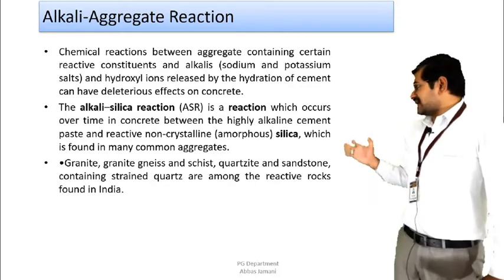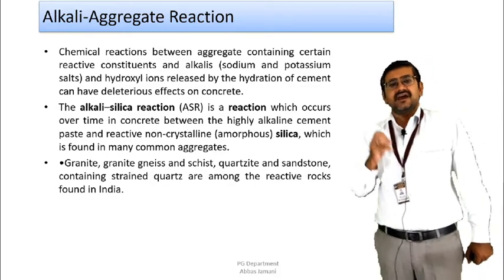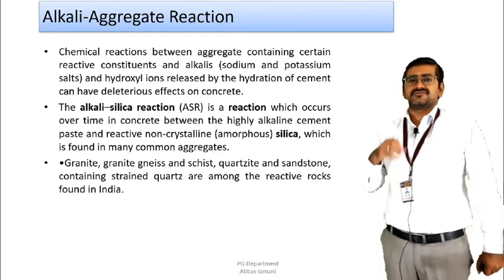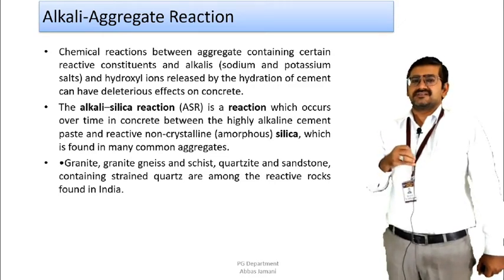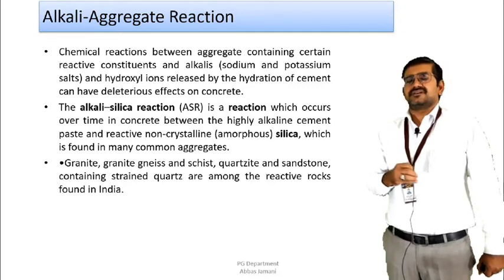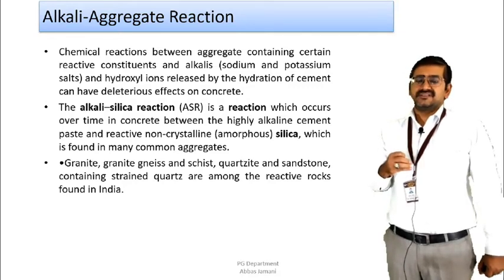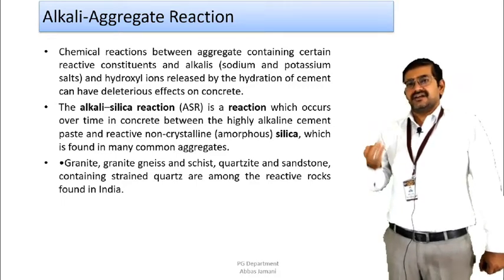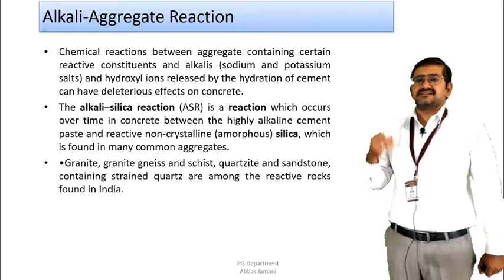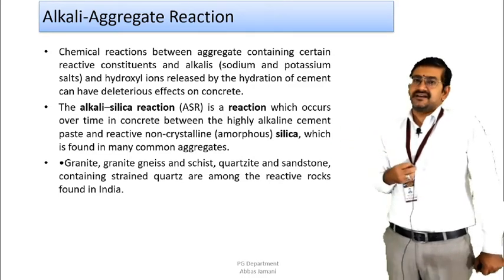But first, let us look at how the alkali aggregate reaction is initiated, or what the sources are. Just like in the case of sulfate, where we talked about the presence of sulfate in soil and water, here also there are two basic materials in which the chemical reaction takes place, as a result of which the alkali aggregate reaction is initiated.